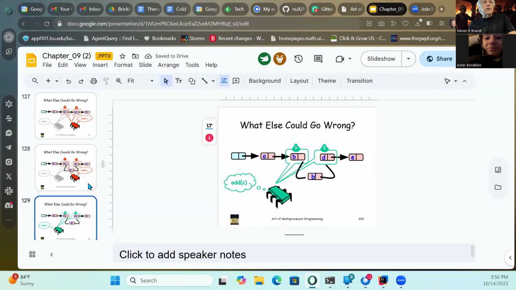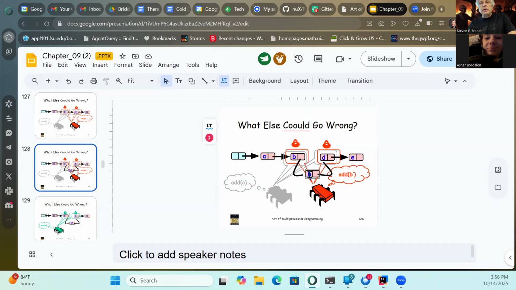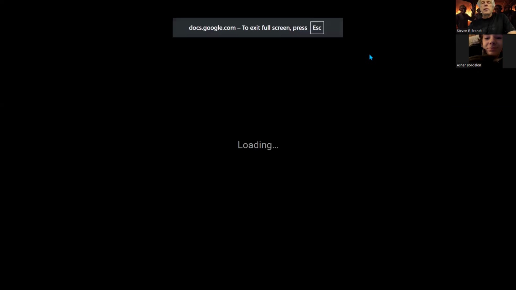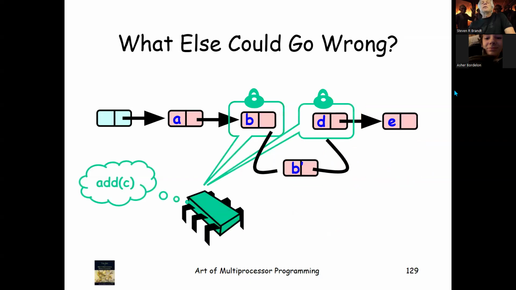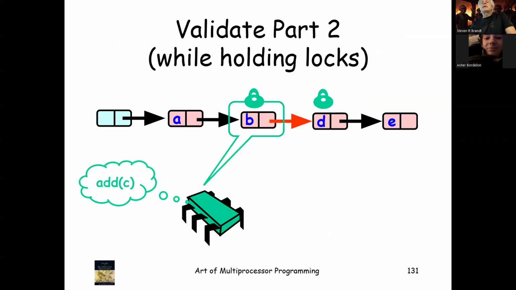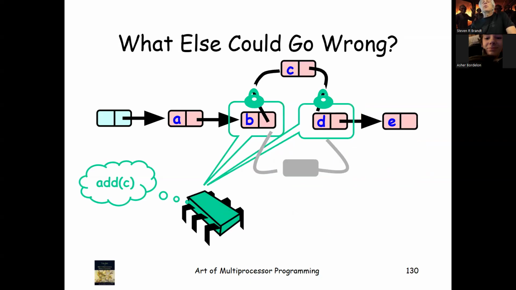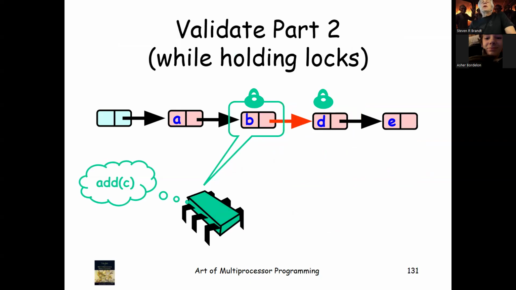There, got that one. All right, there's the B prime. Now I go to add C, but it's going to get me the wrong order. It's going to undo that B prime.